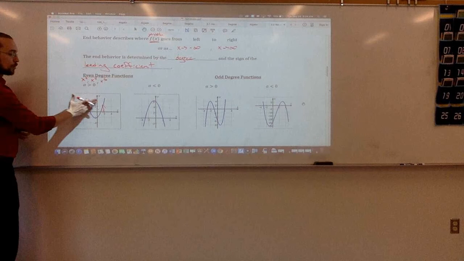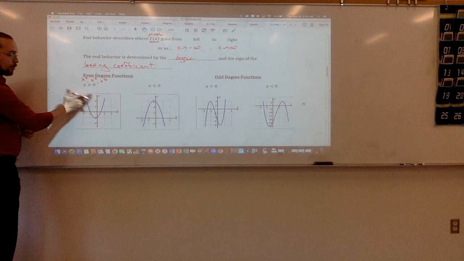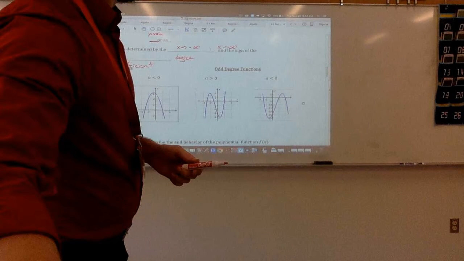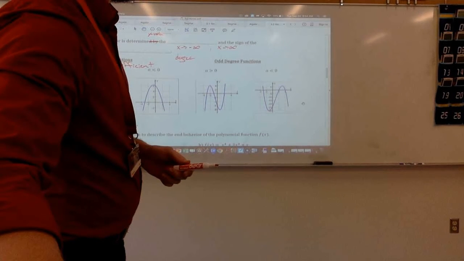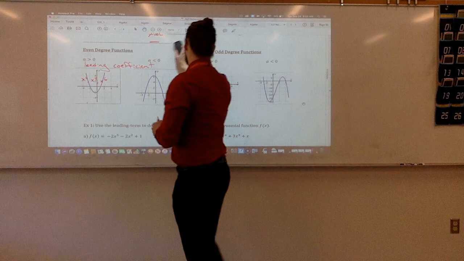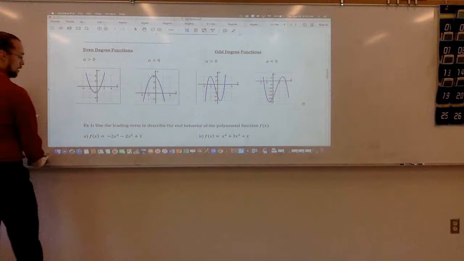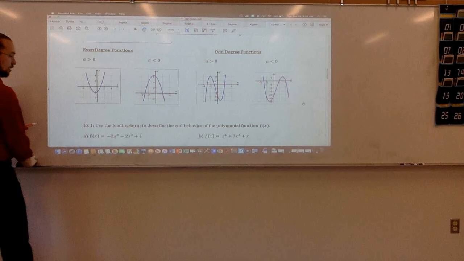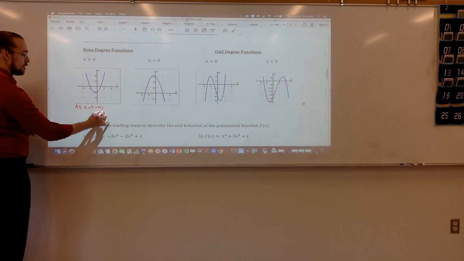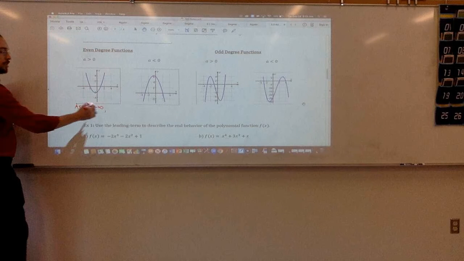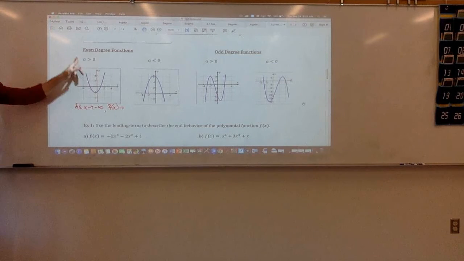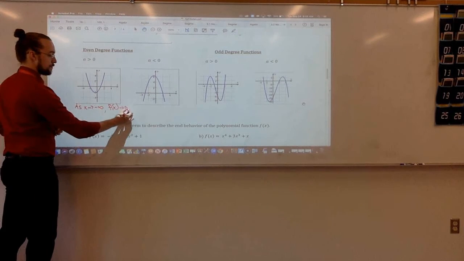Okay, so the way that we write that, let's put it down here. We're going to say as x goes to negative infinity, so as we go forever this way, f of x, which means the y value, goes to positive infinity.